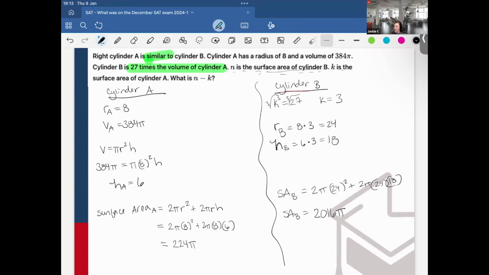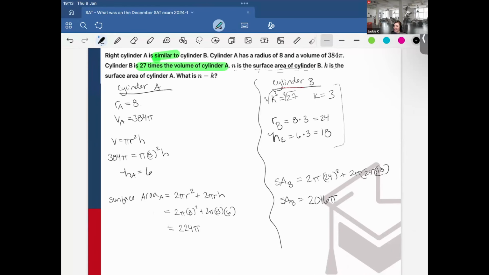And just to show, if you're doubting me about the scale factor, it says 27 times the volume of cylinder A, so this would be 27 times 384, just to show it works. So the volume of this is 10,368 pi.